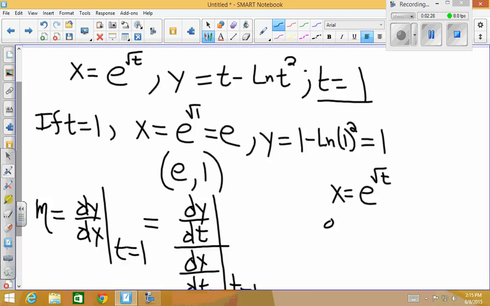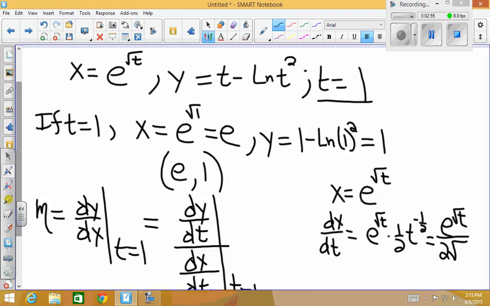So the derivative of x with respect to t is e to the square root of t times, the chain rule kicks in, the derivative of the square root of t, which is 1/2 t to the negative 1/2. So we could rewrite this as e to the square root of t divided by 2 square root of t. Remember that a negative exponent drops that factor into the denominator, and the 1/2 power is the same as the square root. So there's our derivative of x with respect to t.